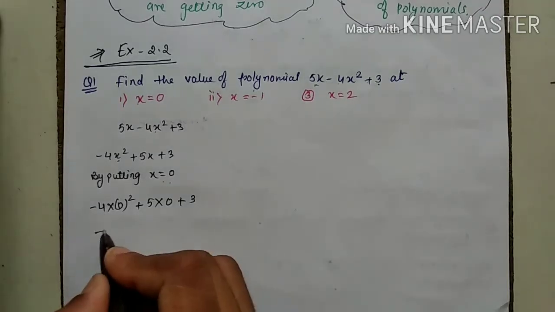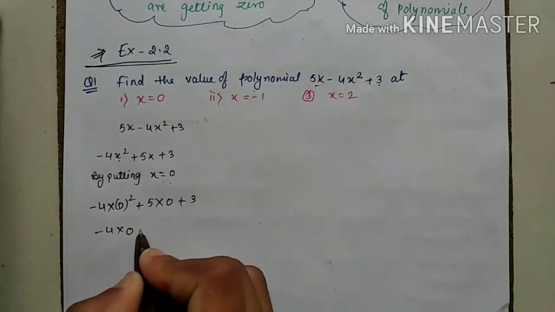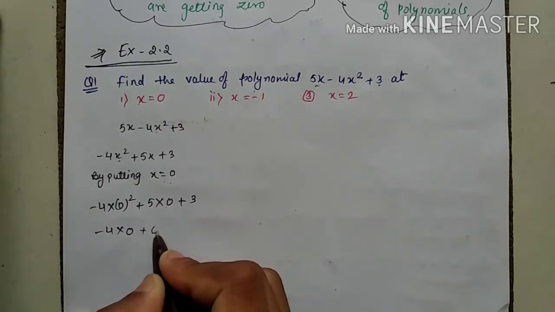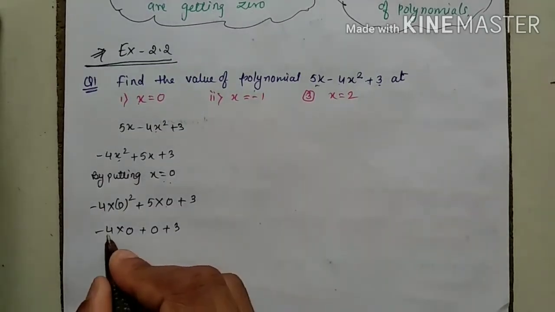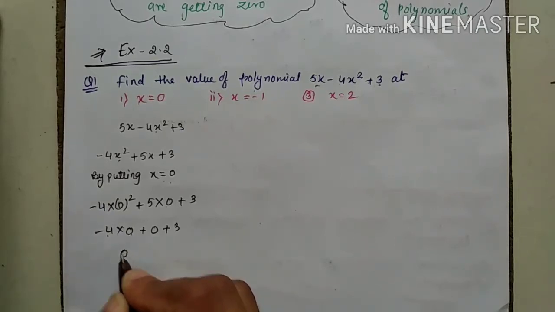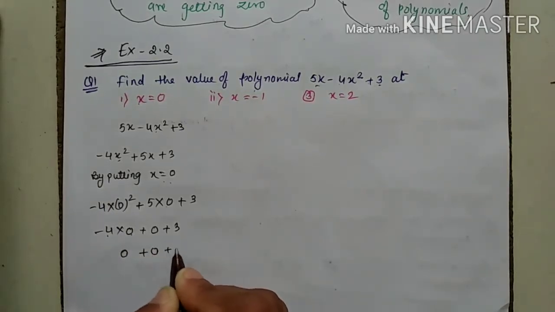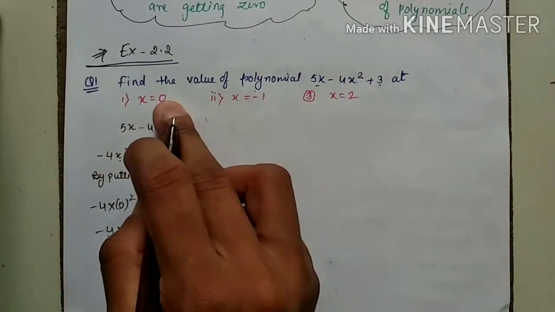Minus 4 into 0 square is 0, 5 into 0 becomes 0, plus 3. So 0 plus 0 plus 3. What are you getting? 3. And 3 is your answer by putting x equals 0.